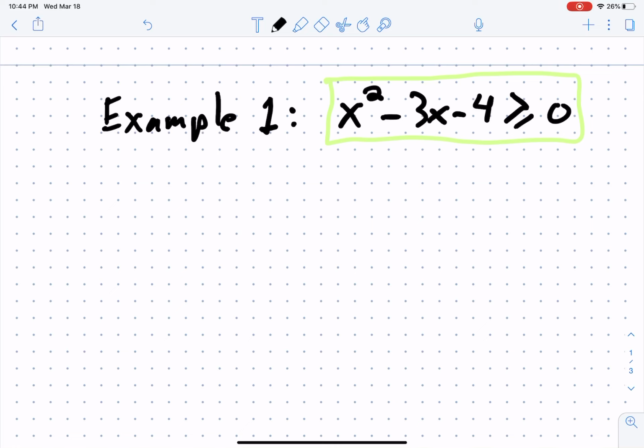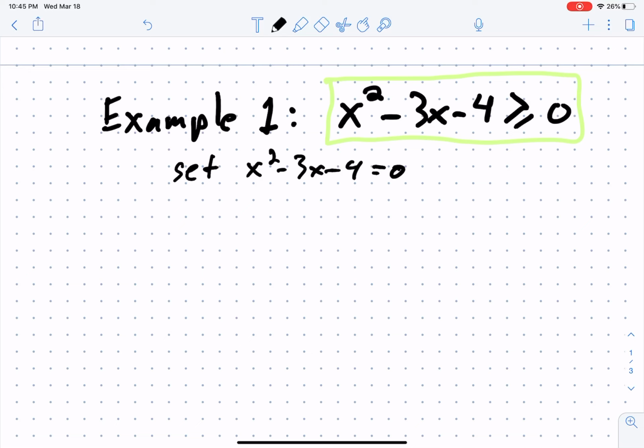If we didn't have the graph to work with, what we would do first is look for those dividing numbers, those numbers on the edges of the regions where it's positive and where it's negative. And we get those by setting the left-hand side, that x squared minus 3x minus 4, equal to 0. So, x squared minus 3x minus 4 equals 0.